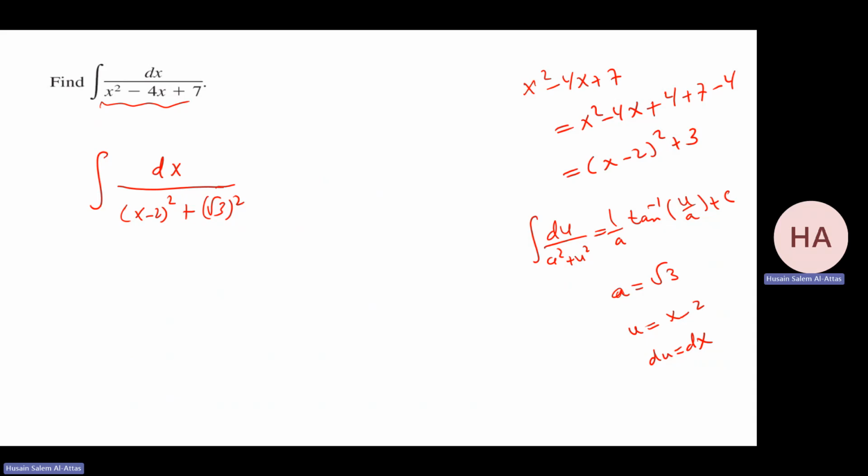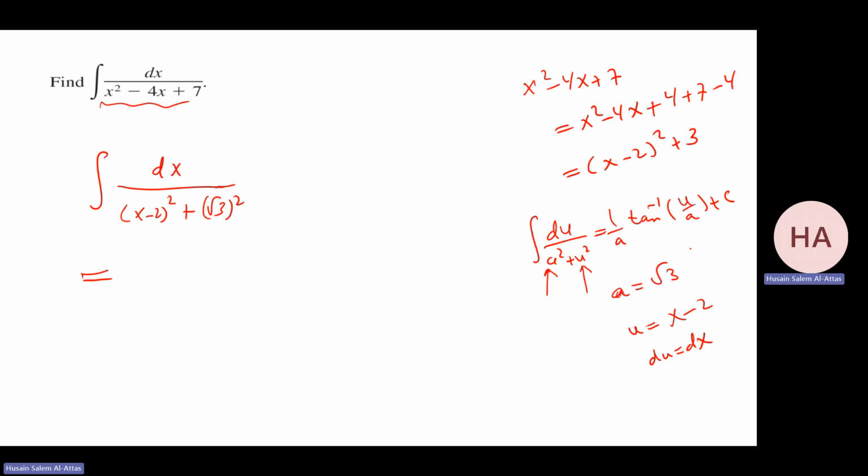So there's no need for a fraction, everything is ready. If the coefficient of x squared is 1, it will be easy to deal with.